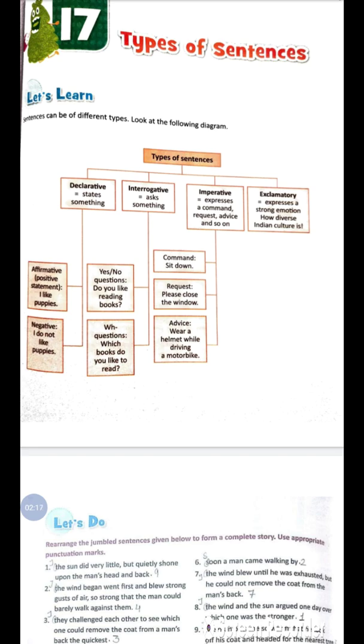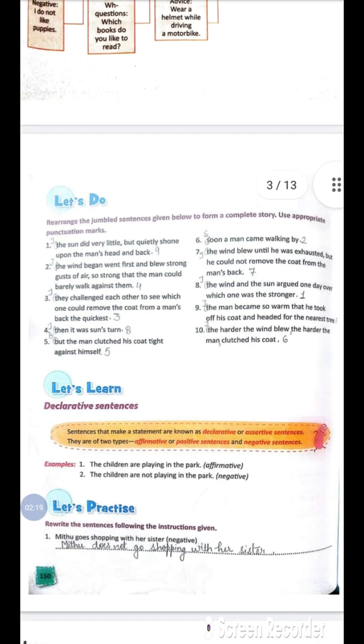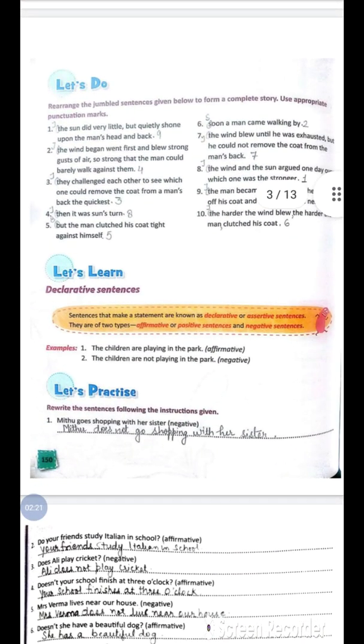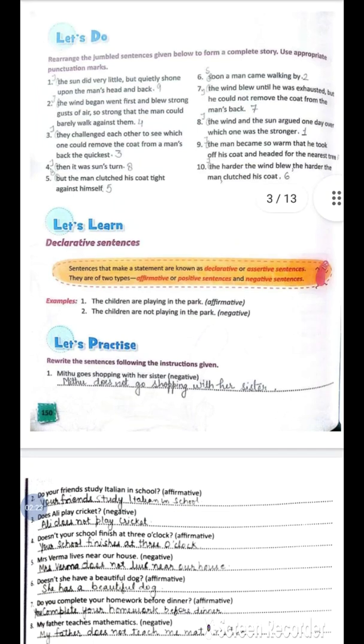Okay, now the next exercise which is given here is that you have to rearrange the jumbled sentences into a complete story, and also remember to use the punctuation marks. Okay, so the numbers are mentioned. This is the story about the wind and the sun.